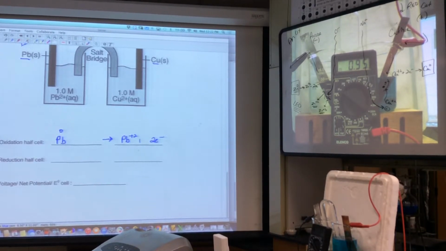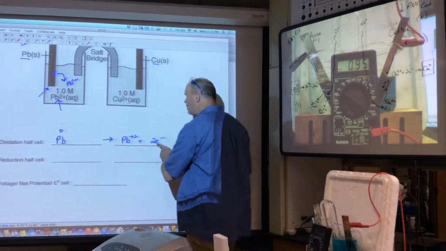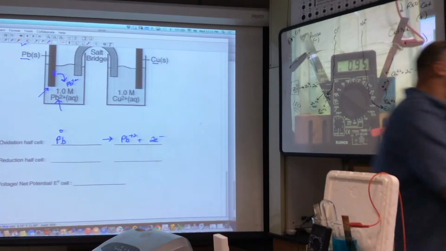Kind of gave that away right here. So what does that mean? A piece of lead right here, solid, becomes Pb plus 2. The piece of anode is decreasing in size. And when that happens, 2 electrons are popped out.